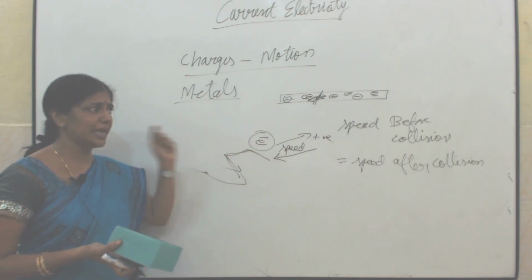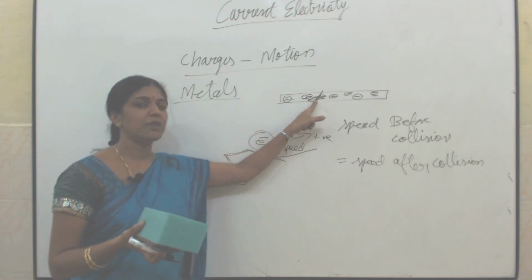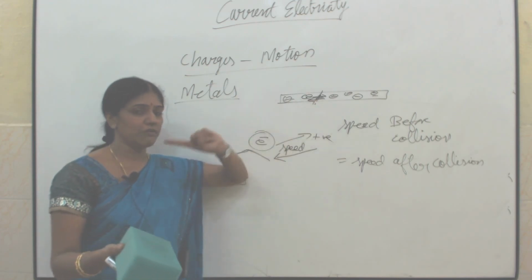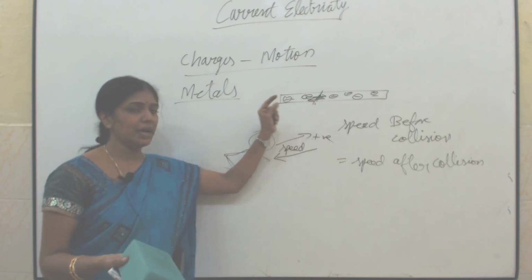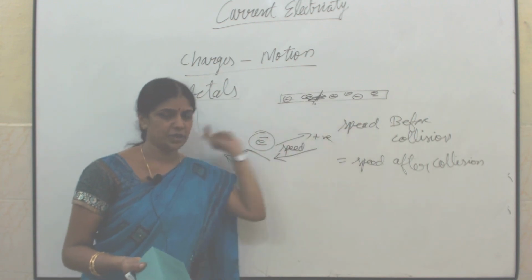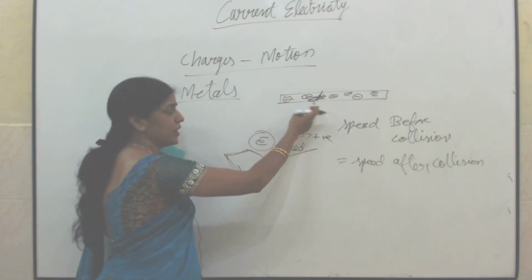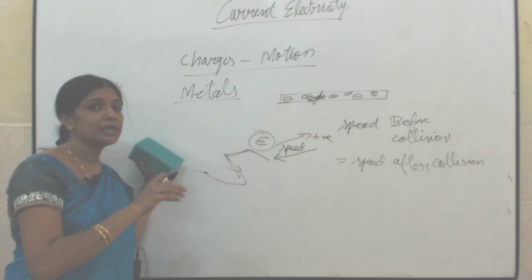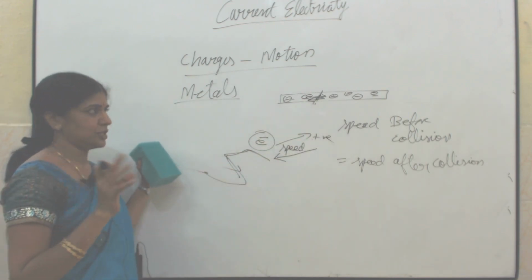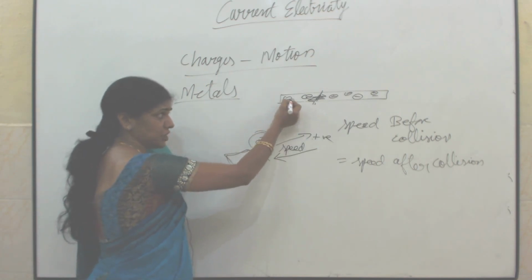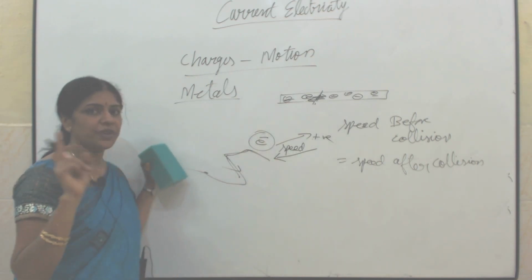So what happens to the net current at this point? It will be 0. So there will be no current inside an uncharged metallic conductor. There is no electric field applied here. I have not applied any electric field, nor am I providing any external energy to this conductor. This is the way these electrons moving inside the conductor, which we call free electrons, behave.